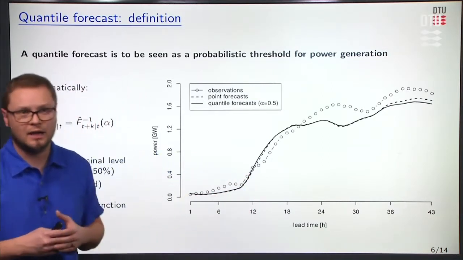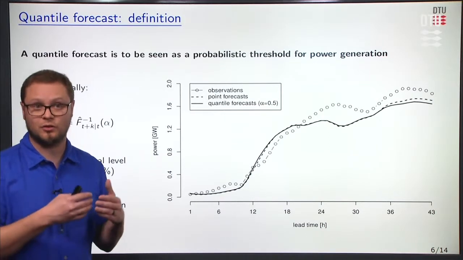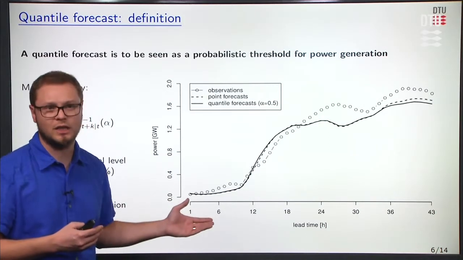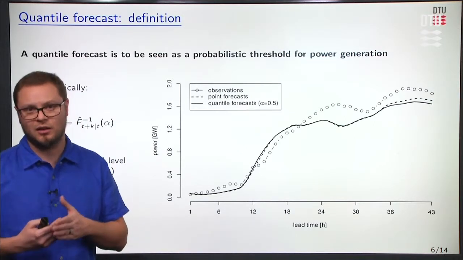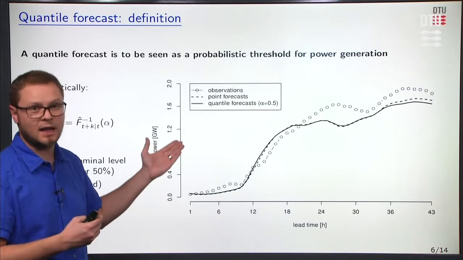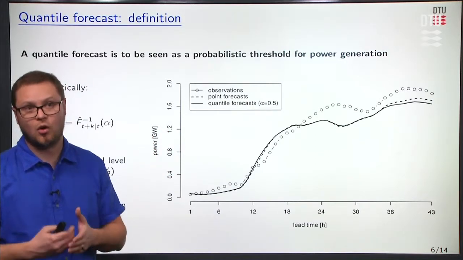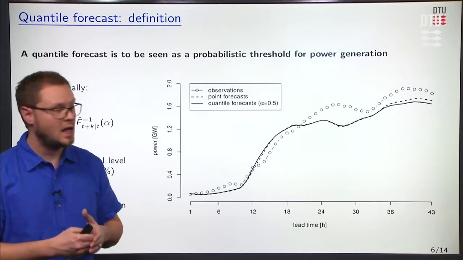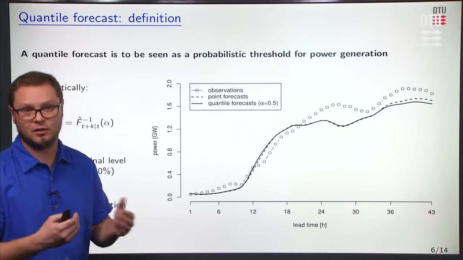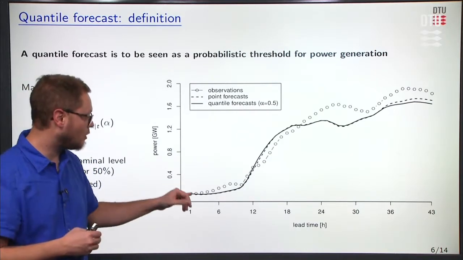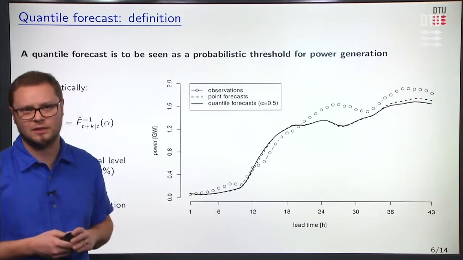If you were to analyze the distribution of errors, or the distribution of the random variable power generation originally, you see that if distributions are symmetric, the median, so the quantile with nominal level 0.5, will be equal or close to the mean. And we said that point forecasts are the mean, the expectation of what could happen. The quantile forecast here in this case is very close to the mean because we have this nominal level of 0.5.